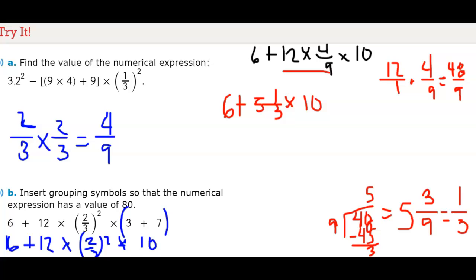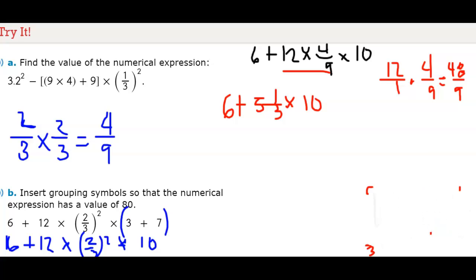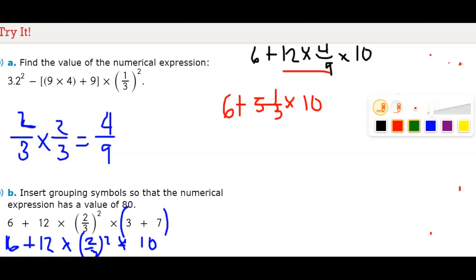Now we have to continue multiplying because we still have multiplying. So now we have 5 and 1/3 times 10. So we need to evaluate that.